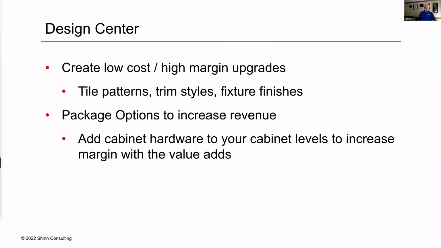Any thoughts on that, Dave? Yeah, so across the board, those are three different items to look at. The first is the no cost, low price upgrades. I've done this a lot in the past on things like interior doors. I can get 5 or 6 different interior door profiles all for the same price.